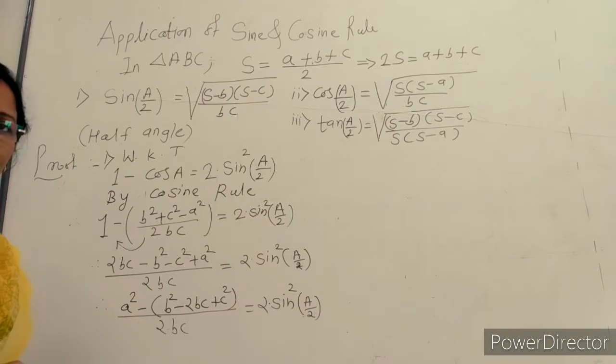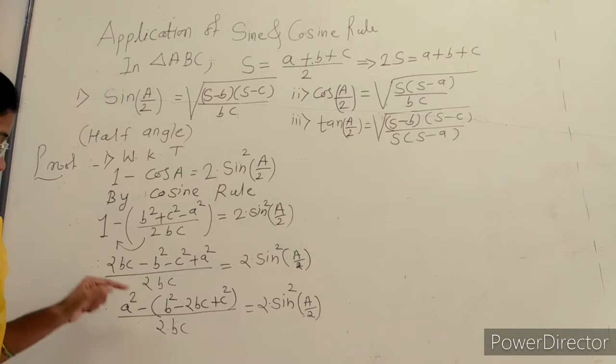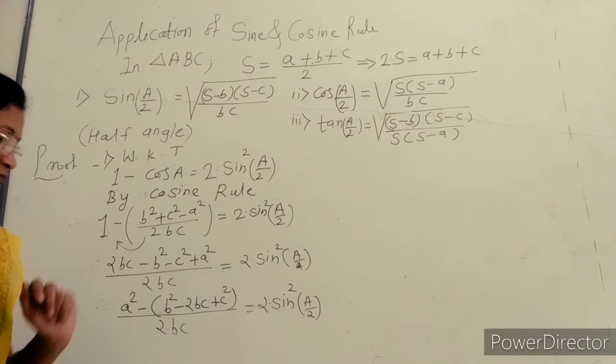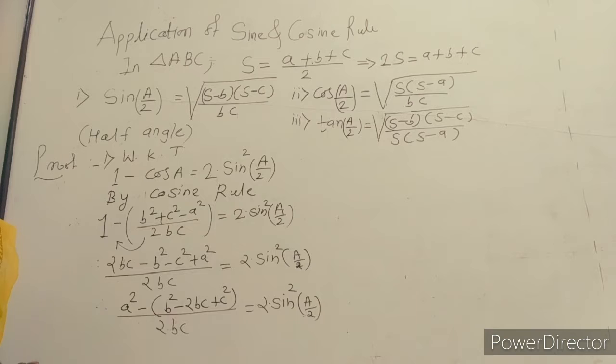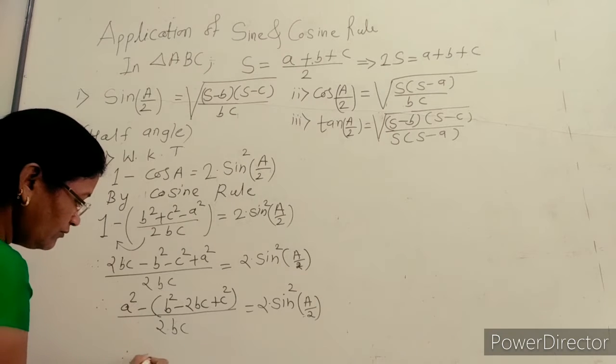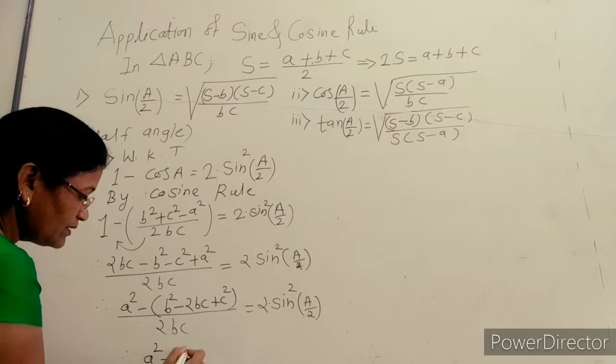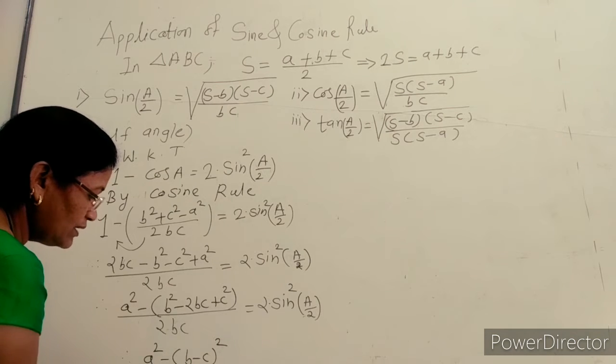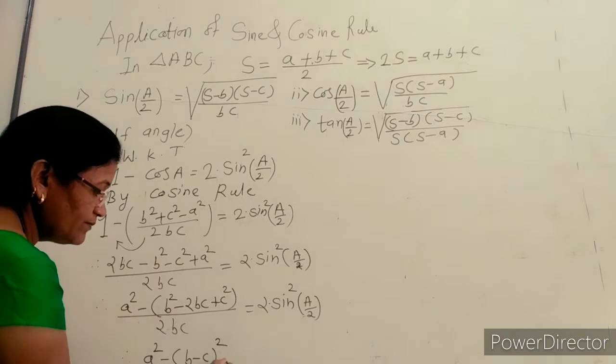The right side is as it is. The 2bc becomes negative and both square terms become positive, so this is the expansion of (b minus c) bracket square. So we get a square minus (b minus c) bracket square, whole divided by 2bc.